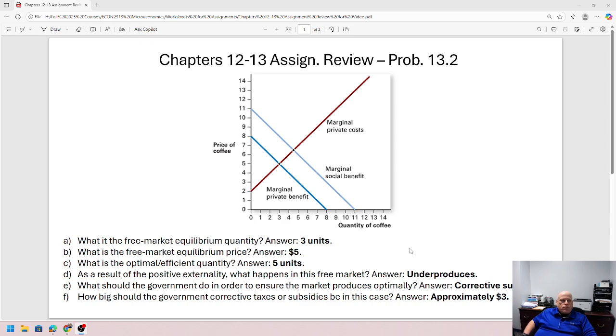Then part F asks, how big should the government corrective taxes or subsidies be in this case?